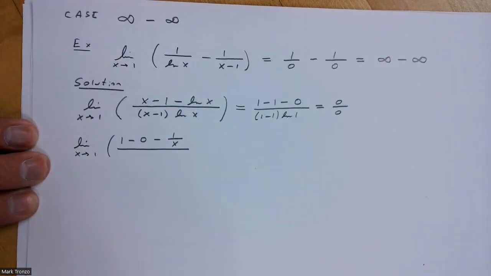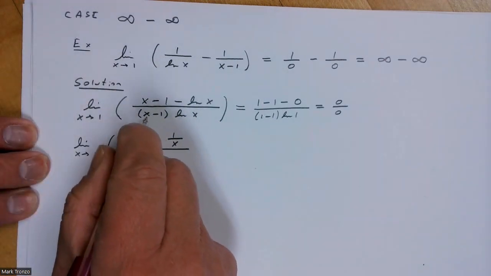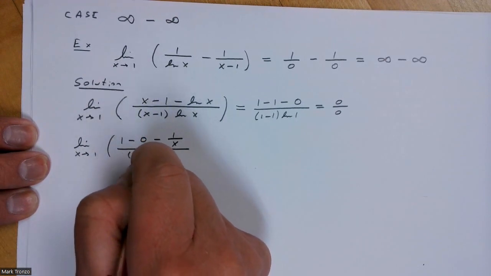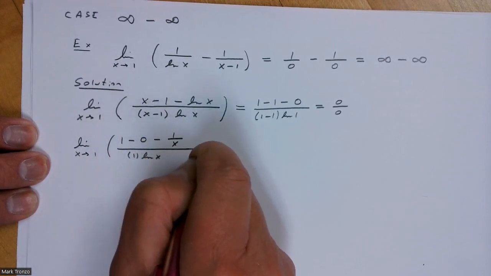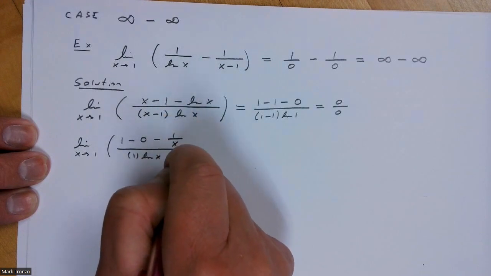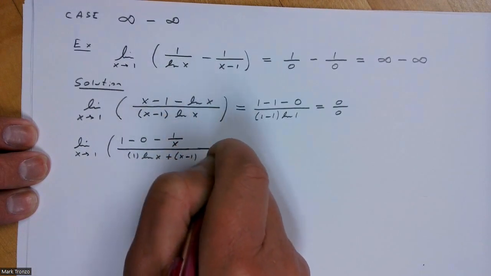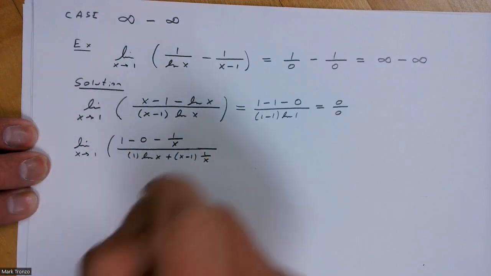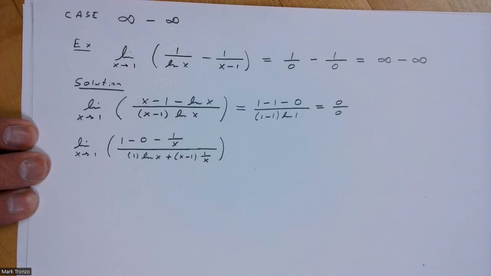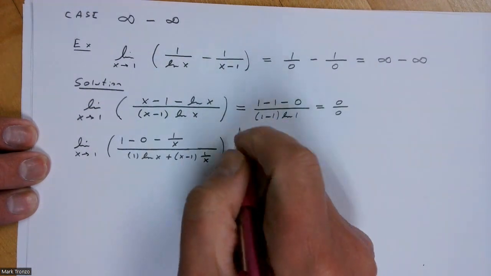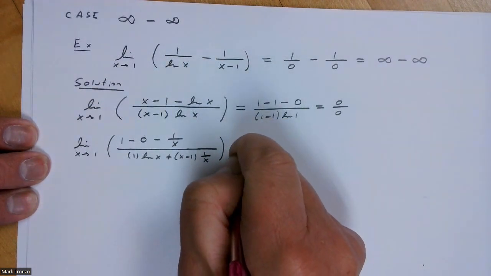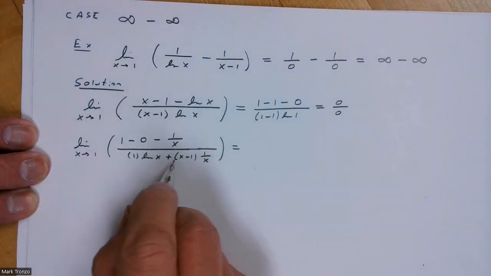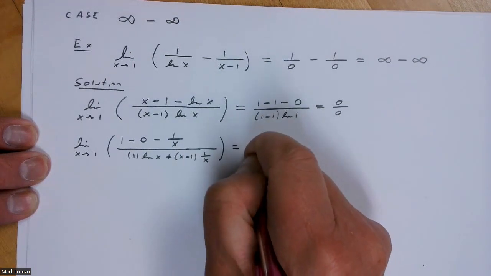And we're going to have a product in the denominator, so it'll be the derivative of the first times the second plus the first times the derivative of the second, like this. And let's see what we have now. Let's multiply some things out here.